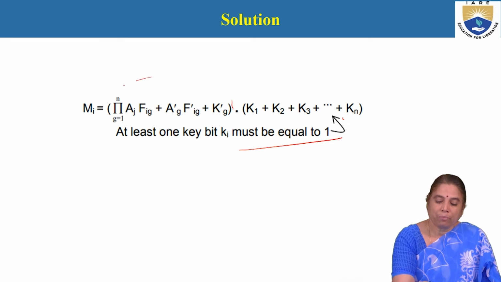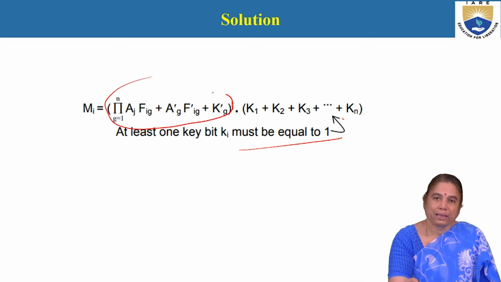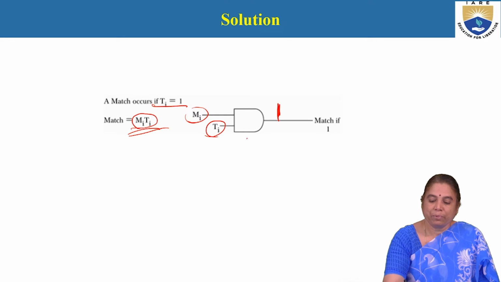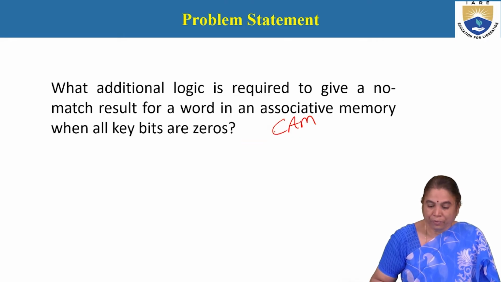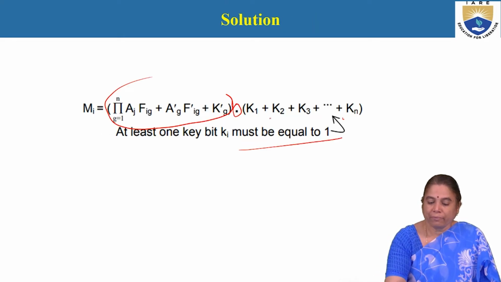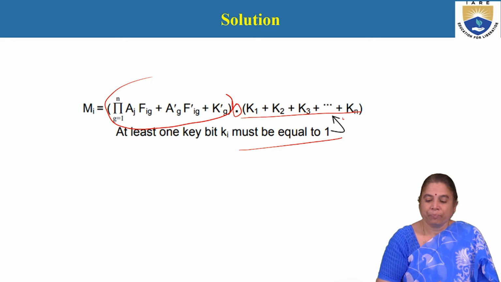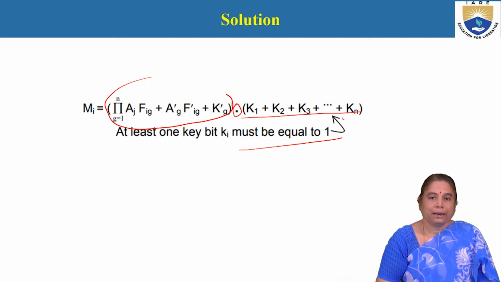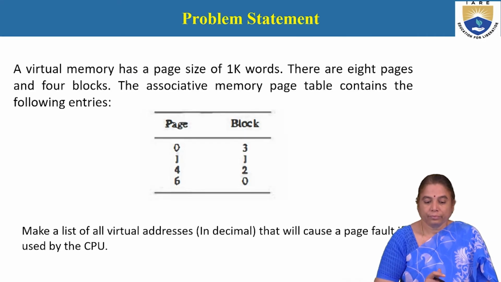So this is the M logic, where whether the word being searched is found or not is determined. Depending upon that, the Boolean function can be implemented, the match logic with the AND gate. So it has to be multiplied with the summation of the key values. If any one key bit is 1, then only is the word present in the content addressable memory.